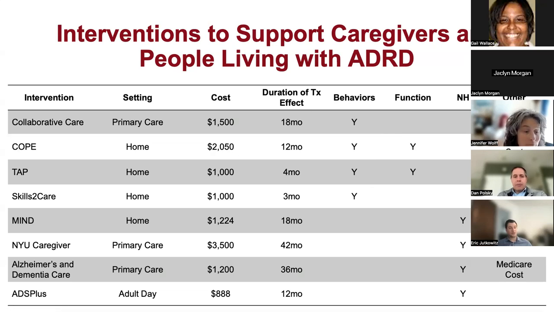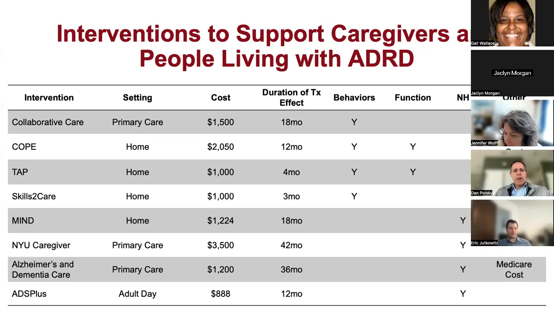Some of these interventions also reported reductions on other outcomes that we were able to model as well. So COPE and Alzheimer's and dementia care reported reductions in Medicare costs, so we were able to directly model that. And then MIND and TAP, two other interventions, reported reductions in time spent caregiving, and we were able to model that as well.